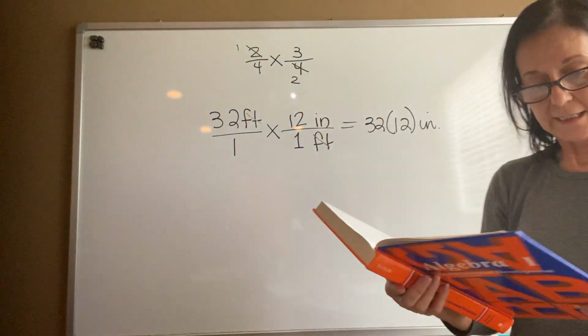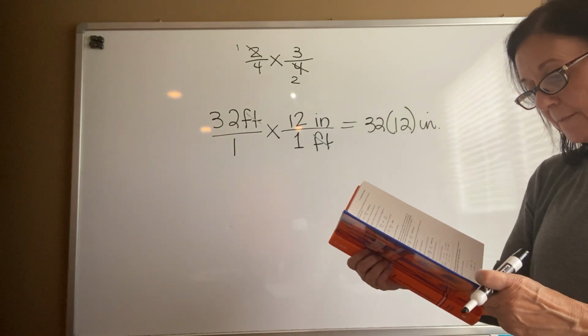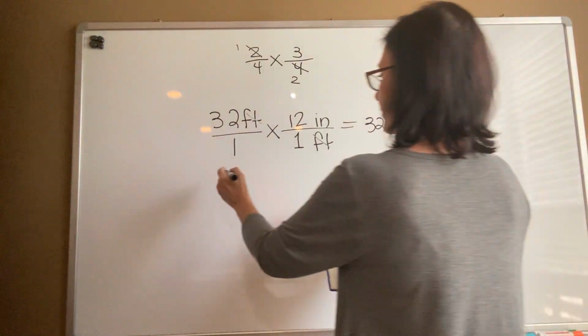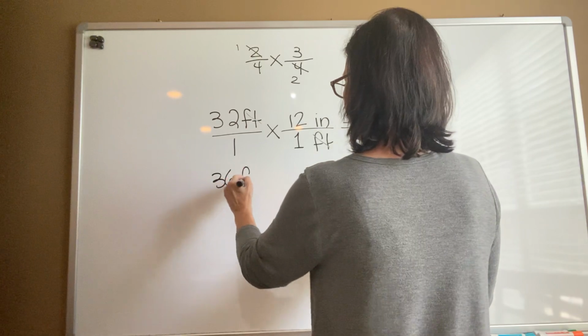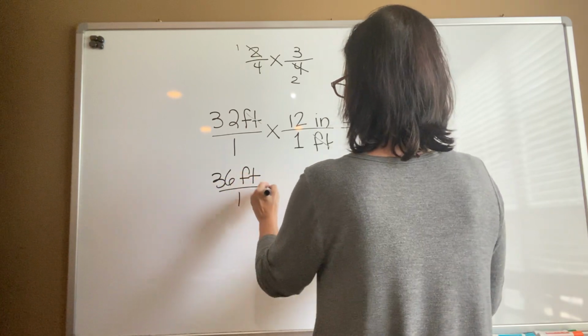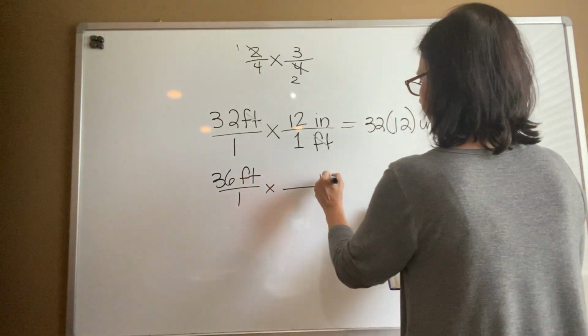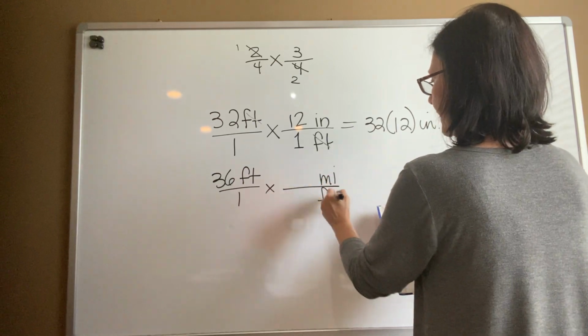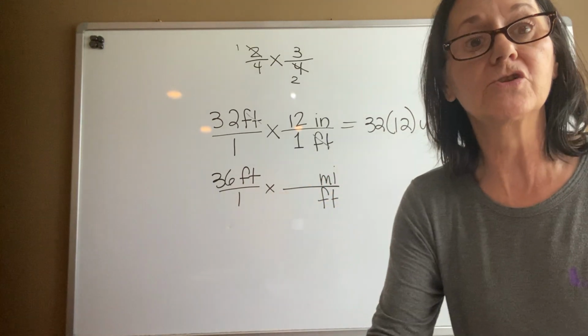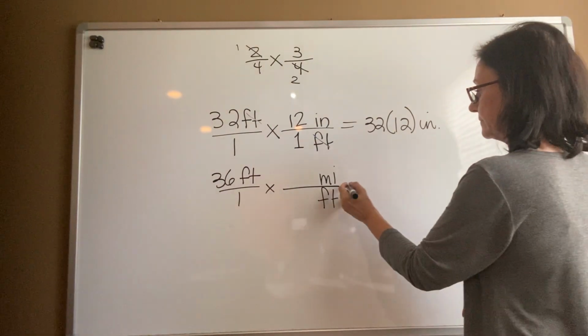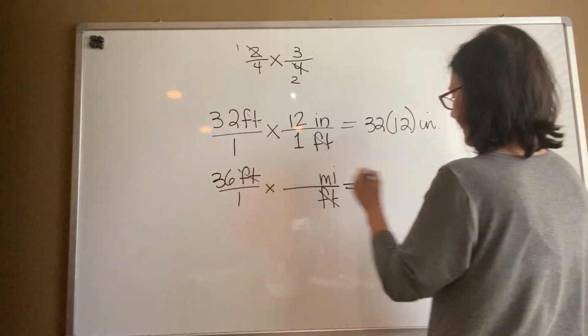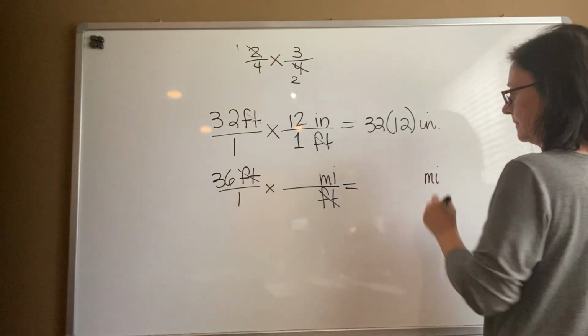Look at 4.6. Use unit multipliers to convert 36 feet. I want to go to miles. So I need feet in the denominator to eliminate feet. And I end up with miles.